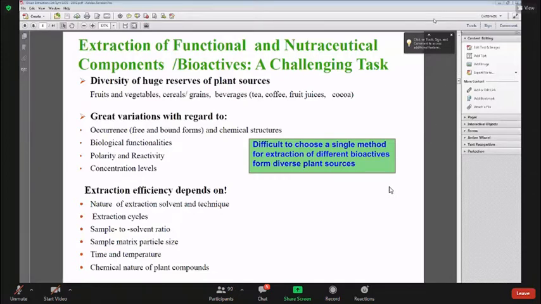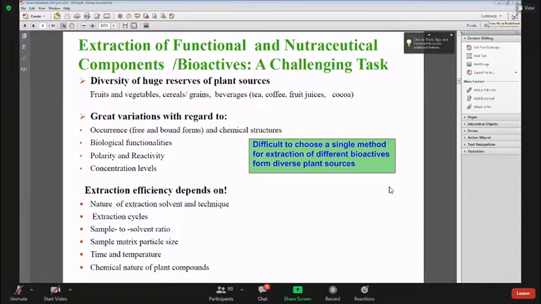The extraction cycle is also important. In the first extraction, most of the amount is extracted. However, there is a chance that a significant residual amount may remain in the residues, so we have to go for second extractions. Similarly, the sample solvent ratio is another important parameter.